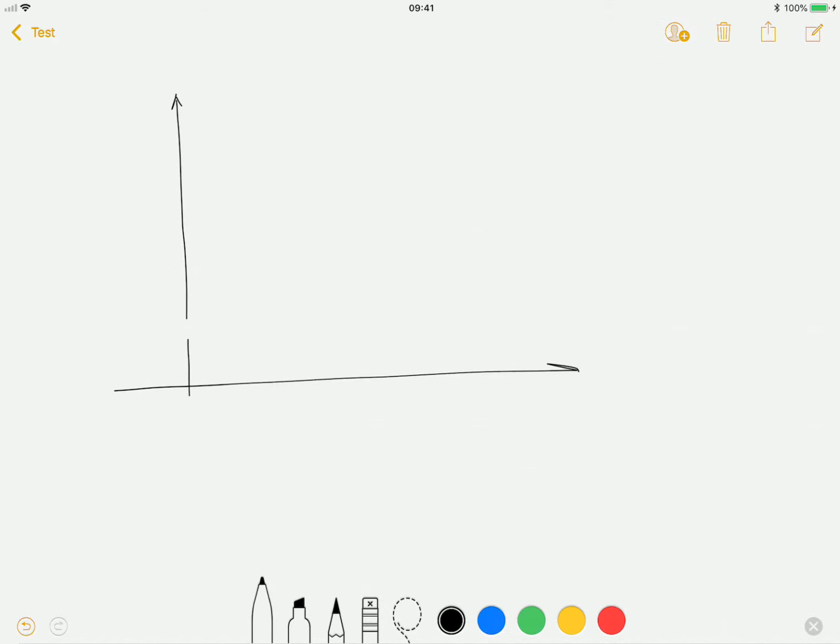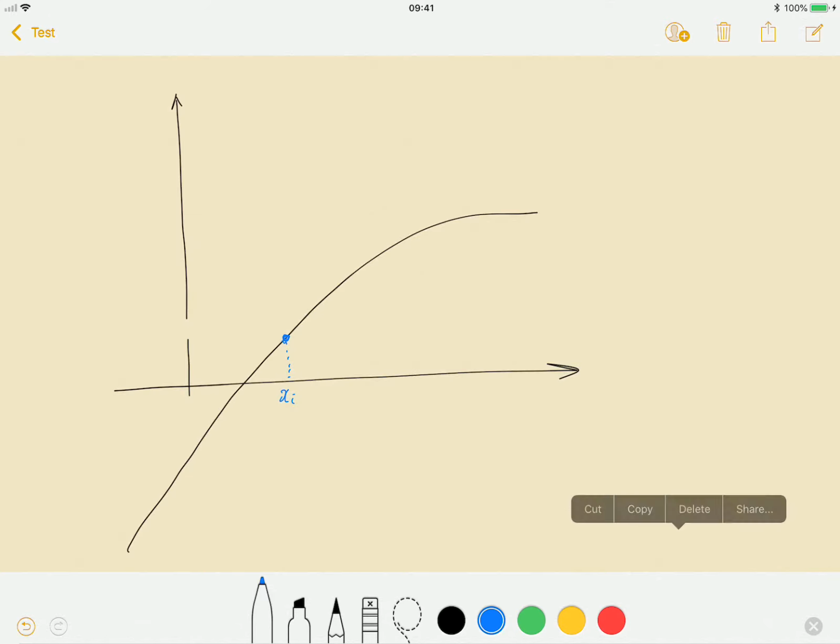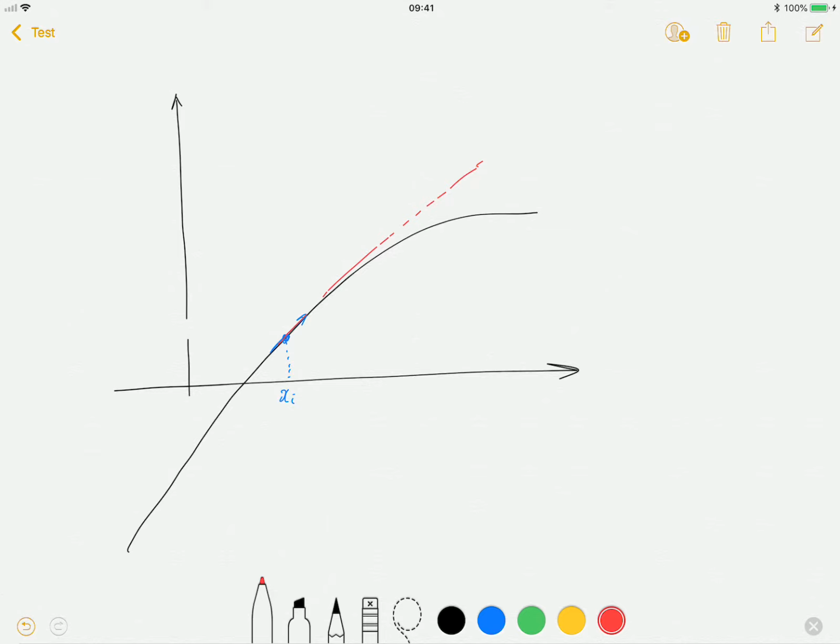Essentially what we're saying is that if we had some graph, let's say it looks something like this, and we are at the beginning of our interval, x i, we calculate the slope at this point, and we shoot out to this point here, which has our predicted value of y i plus 1 at point x i plus 1.